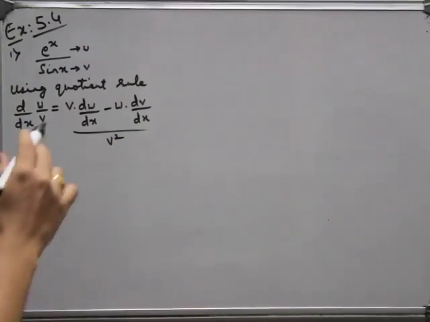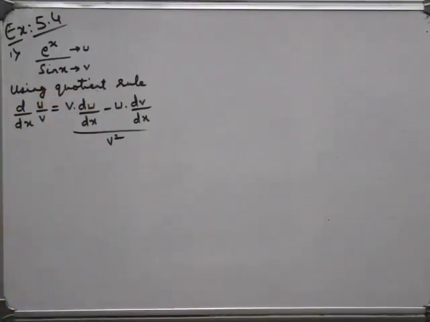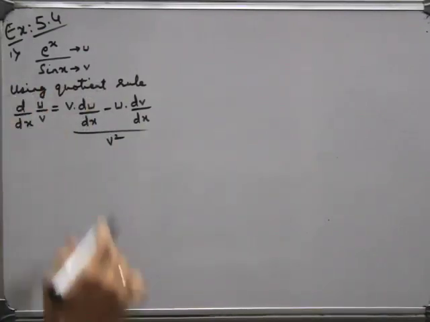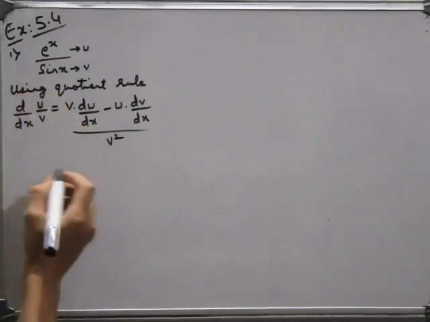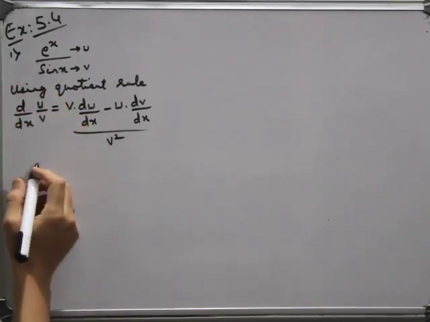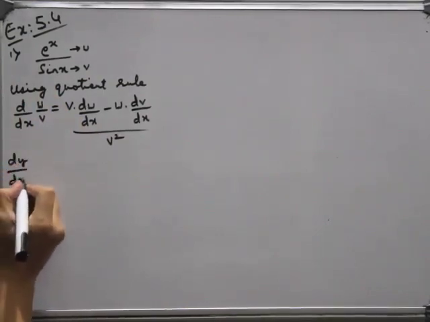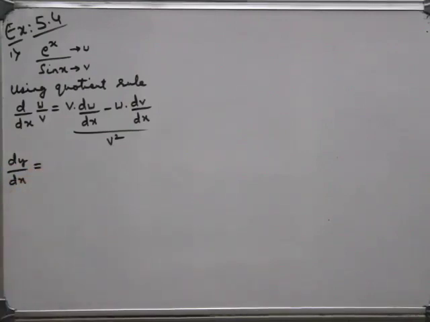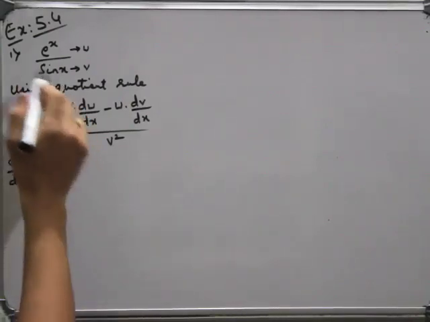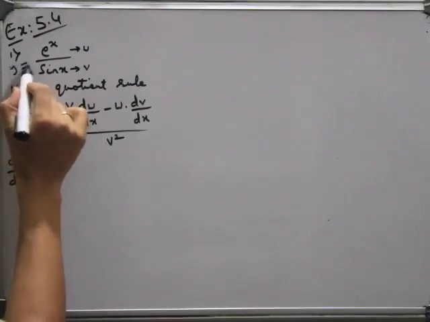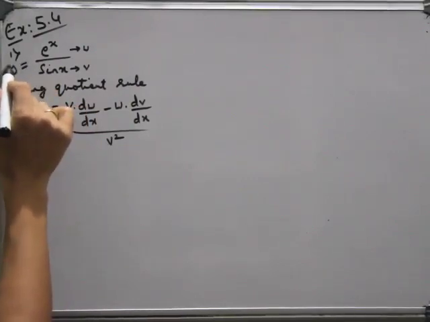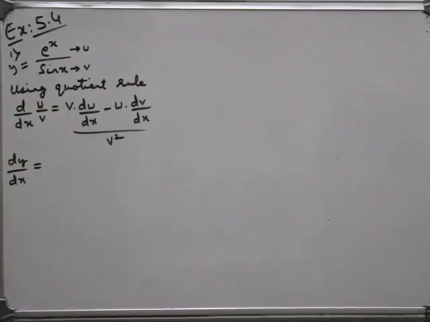Now as per the formula, substitute the values. That is what you have to do. V is sin x. Now we can write dy by dx is equal to, here you should consider this as y is equal to this much, and then you can continue. I missed out, so if you are copying these things, please follow the steps properly.